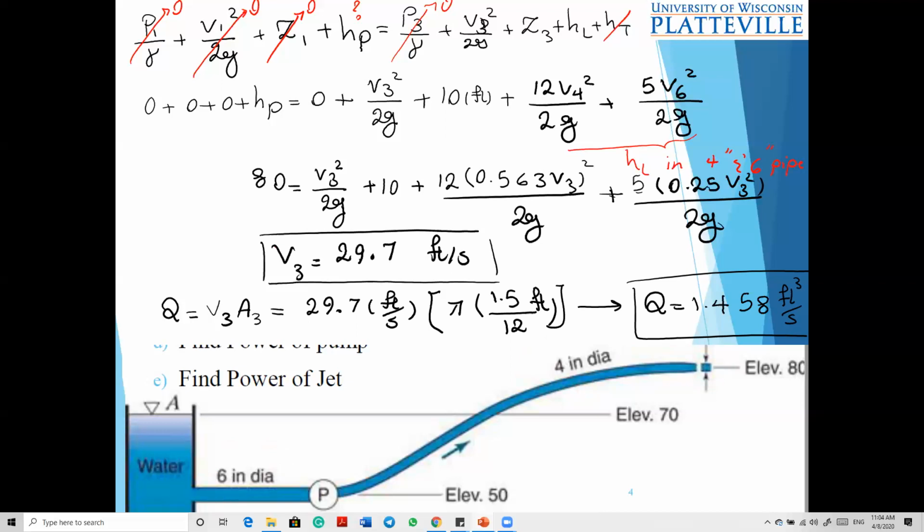So I also can find the head loss, because if I know the velocity, I can find the head loss. What else can I find? The velocity head, right, for all these three different diameters. All right, let's go ahead and find the head loss. Stop the video and find the head loss and velocity head.